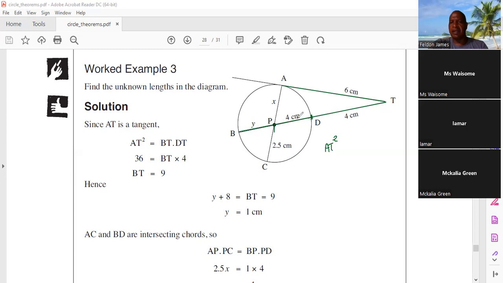But from here to here is 4. It looks like this. This 4 would be the entire length from T. No, it wouldn't be 4.